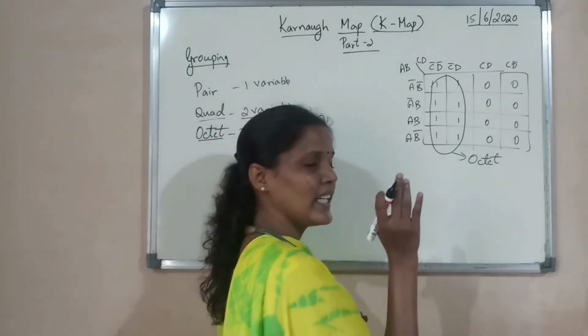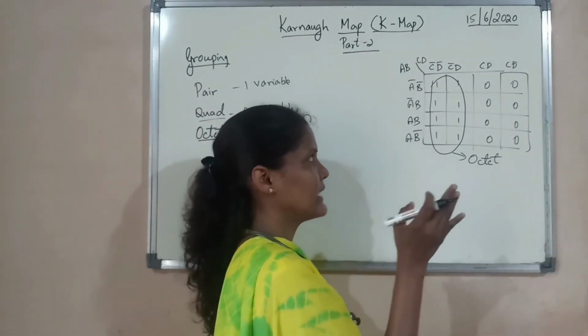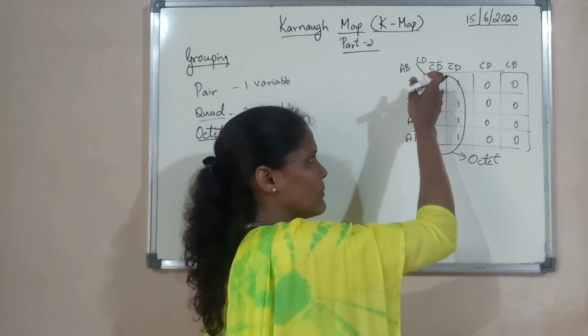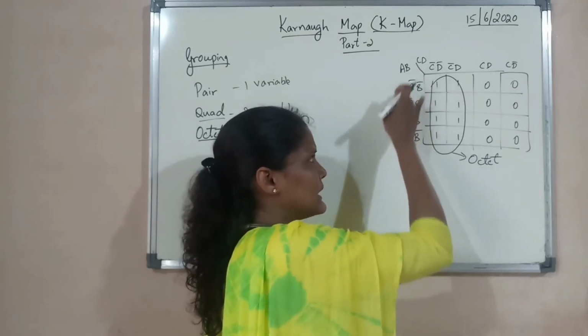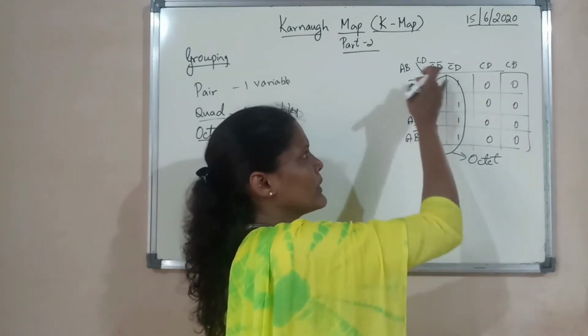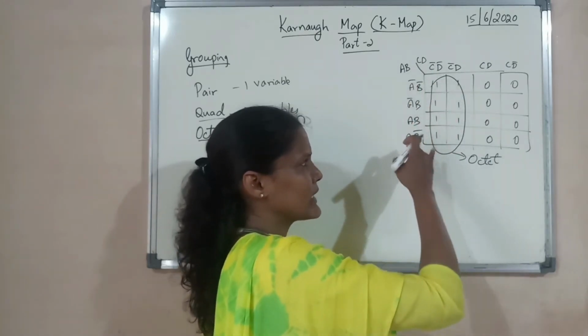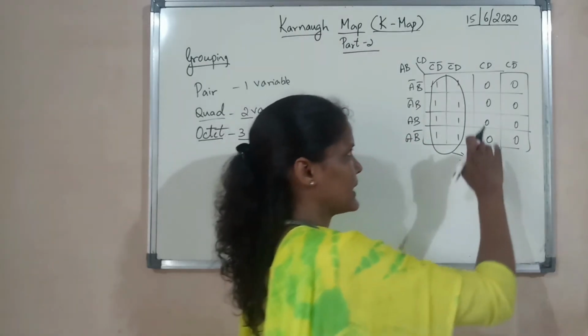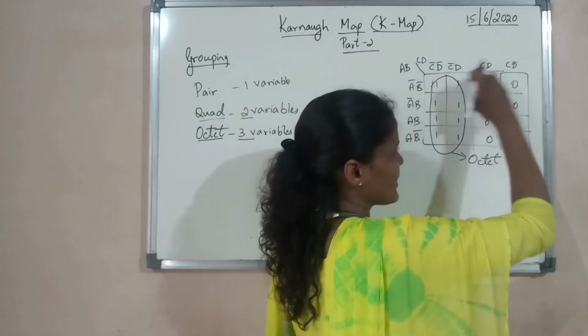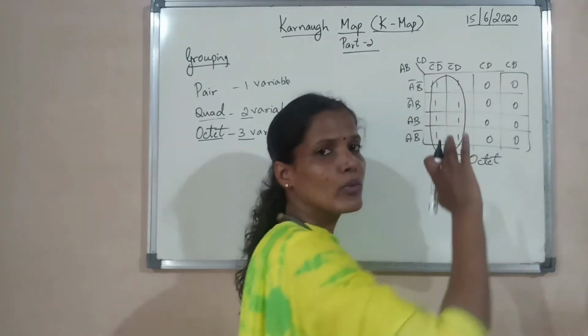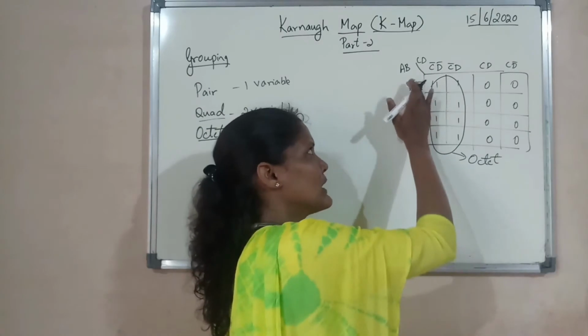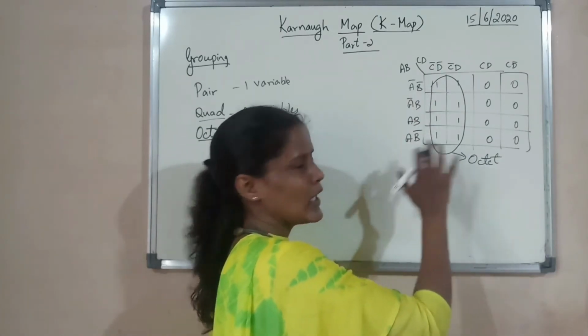One thing you can easily see is that when I group the entire column, these variables A and B will be completely eliminated. When I group in this manner, those particular variables will be completely eliminated. So this A and B is completely out of the picture.